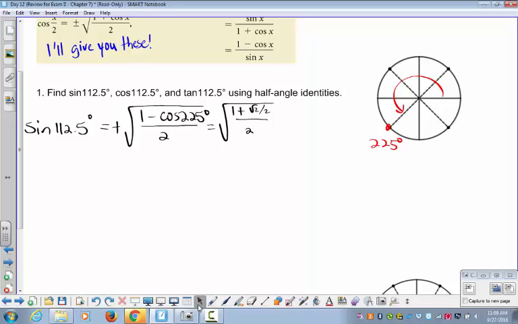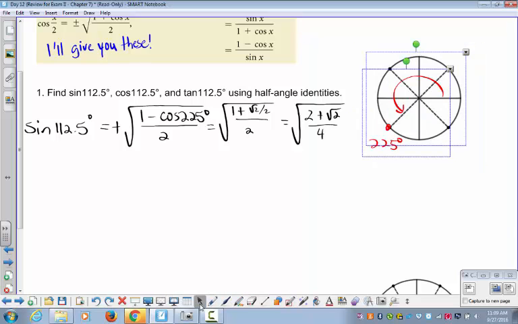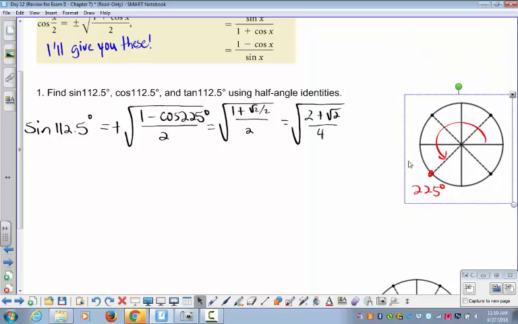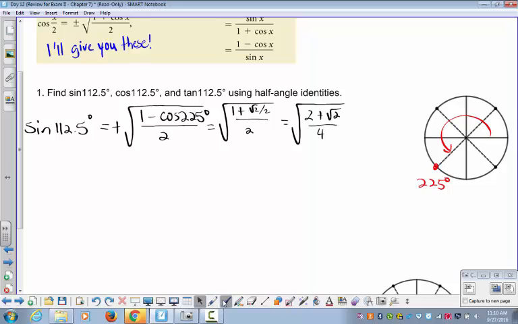Now we multiply every single term within the square root by 2. If we multiply every single term in there by 2, we get that. And then for our final answer, we can simplify the denominator. The square root of 4 is 2. So there's our final answer for sine.